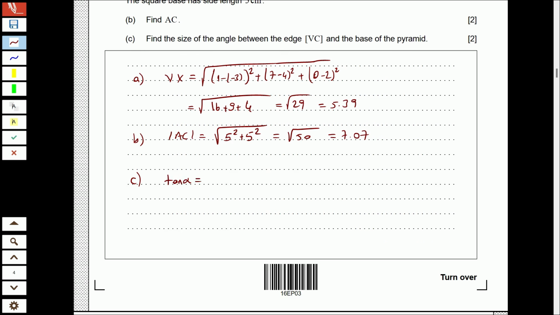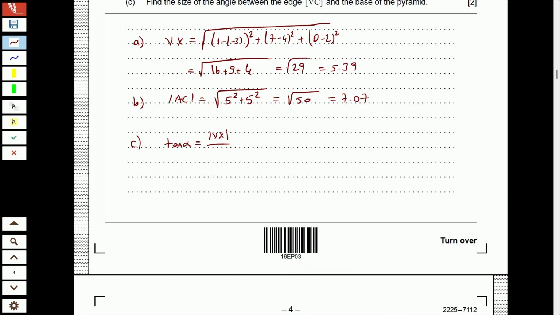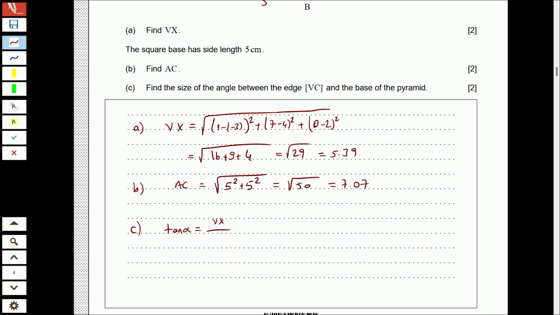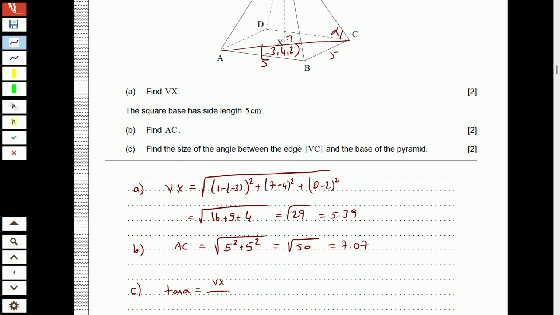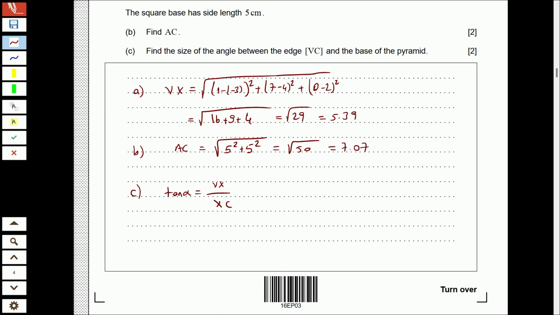If we find tangent, which is VX over, let's say, half of AC or XC, right?